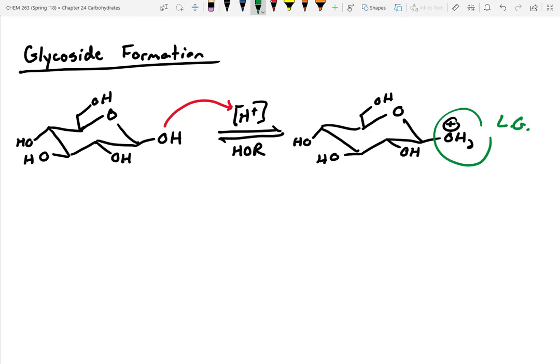It can fall off on its own, or it can be shoved off. You can show it both ways. For example, if you want to show the shoving off route, you can show this set of lone pairs clamping down and kicking this off. If you do that, you've now got a double bond there, and a positive charge on your oxygen.